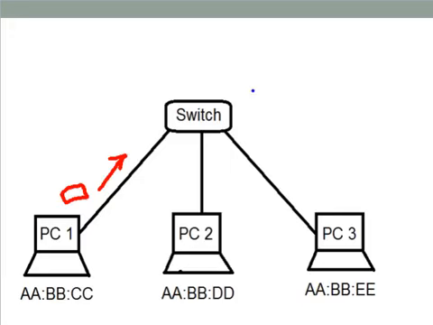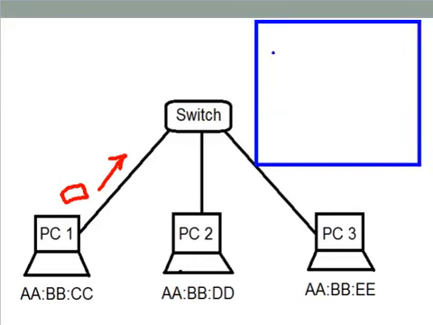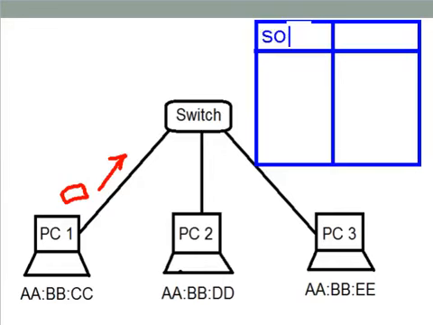In this case, the switch will build a table of information. This table consists of the source and destination information. So through the table, the switch will know where to send from the source to the destination device.